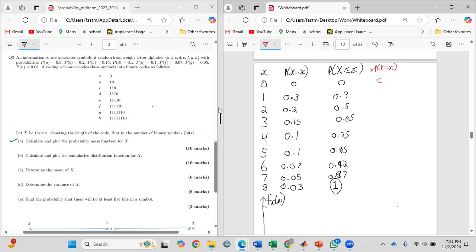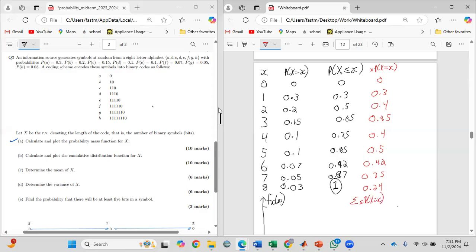So 0 by 0 is 0, 1 by 0.3 is 0.3, 2 by 0.2 is 0.4, 3 by 0.15 is 0.45, 4 by 0.1 is 0.4, 5 by 0.1 is 0.5, 6 by 0.07 is 0.42, 7 by 0.05 is 0.35, and then 0.03 by 8 is 0.24.